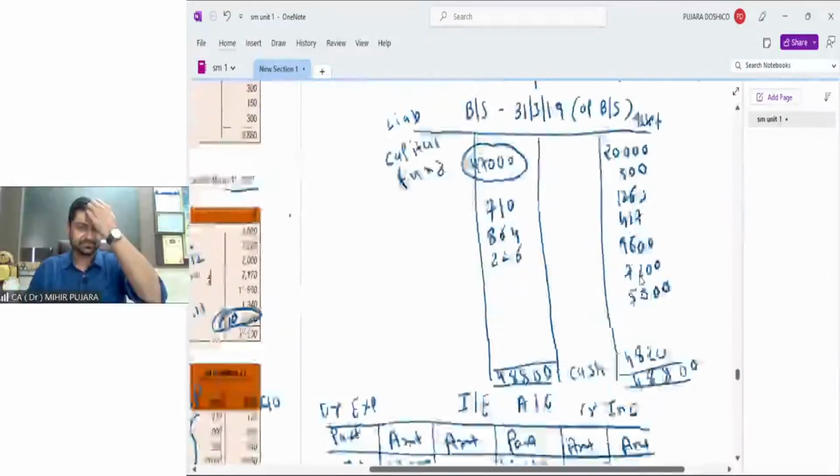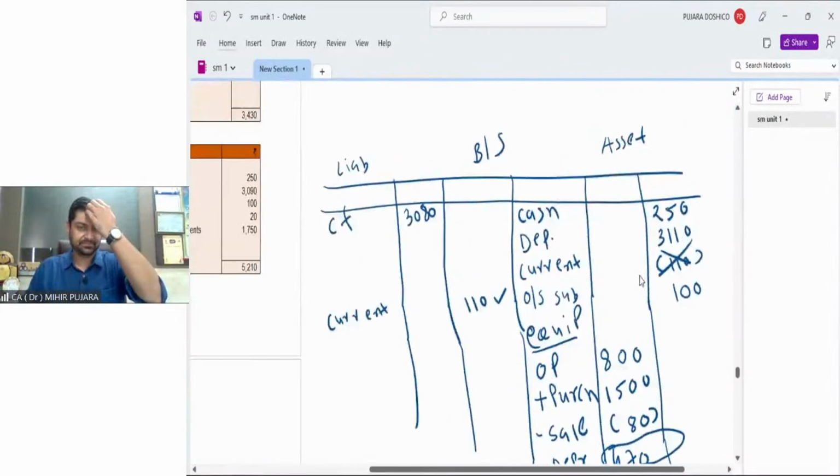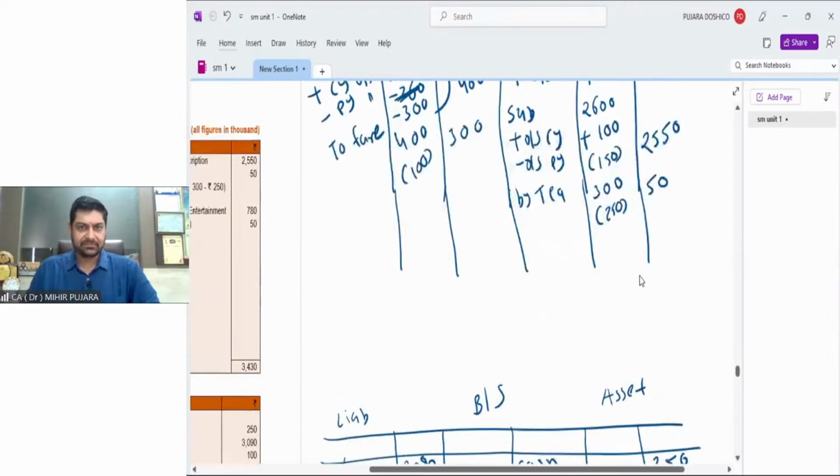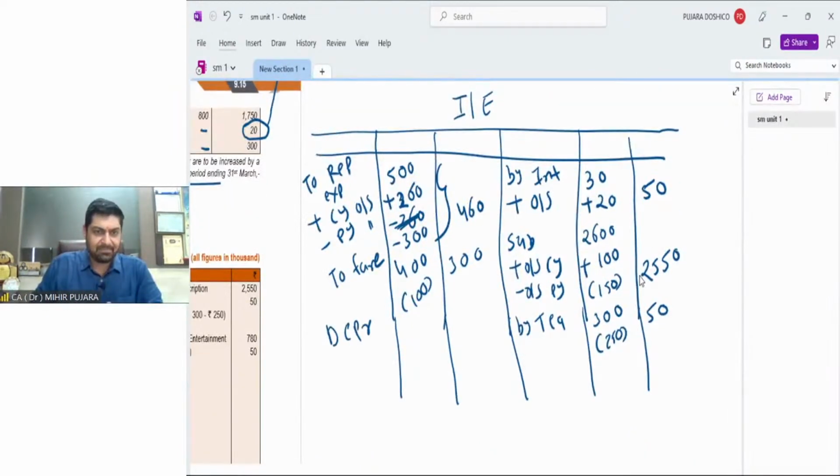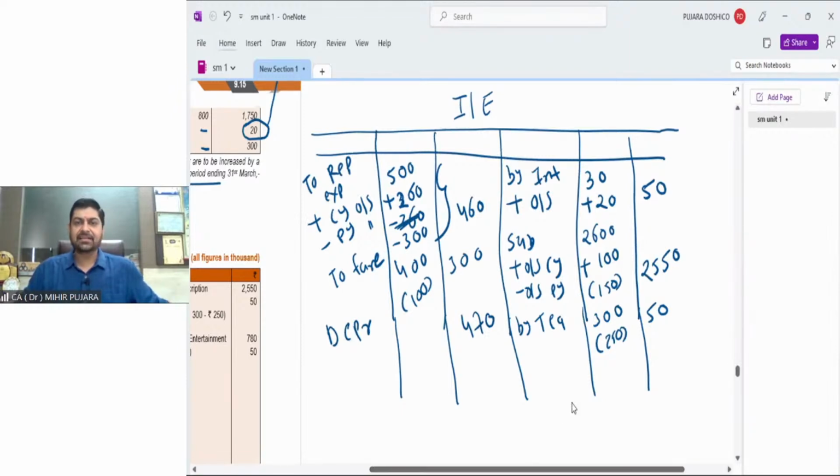Don't forget to write depreciation 470. Clear, guys? It's an important point.